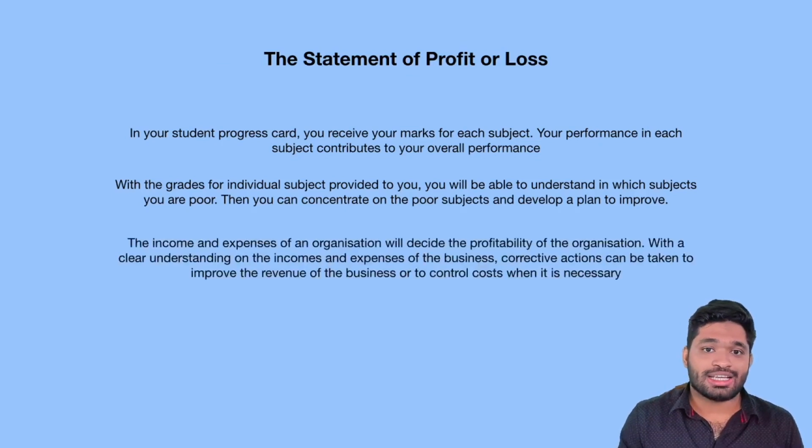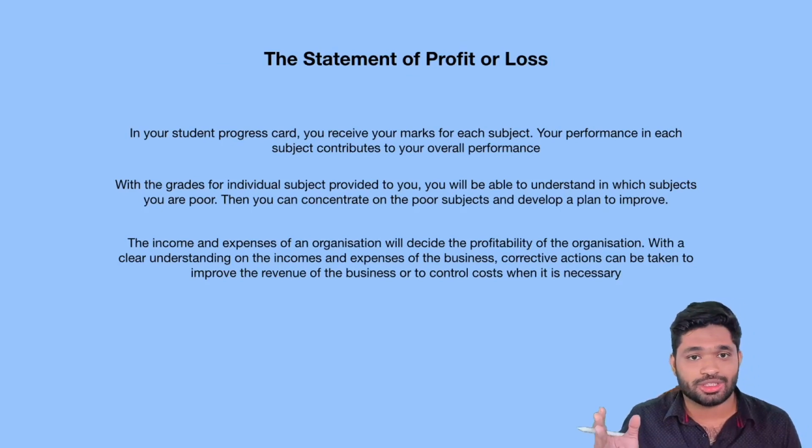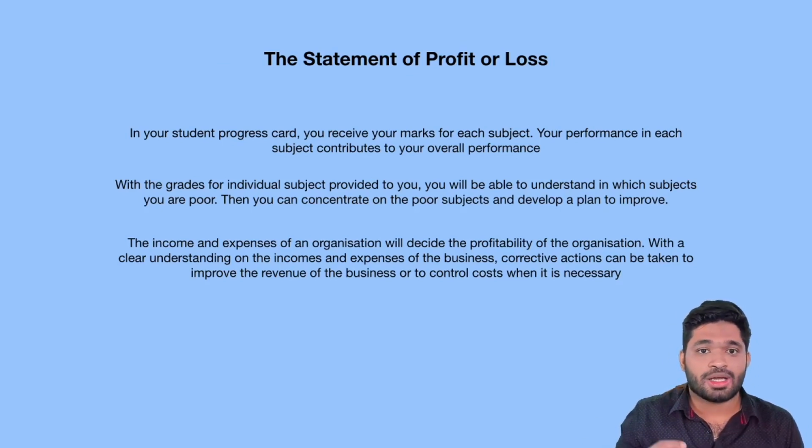Now for an organization, the performance is the profit. The profit is determined based on 2 variables, which are the incomes of the organization and the expenses of the organization. The statement of profit or loss will provide you all the information about the incomes and also the expenses of the organization and the profit that you created during that financial period.